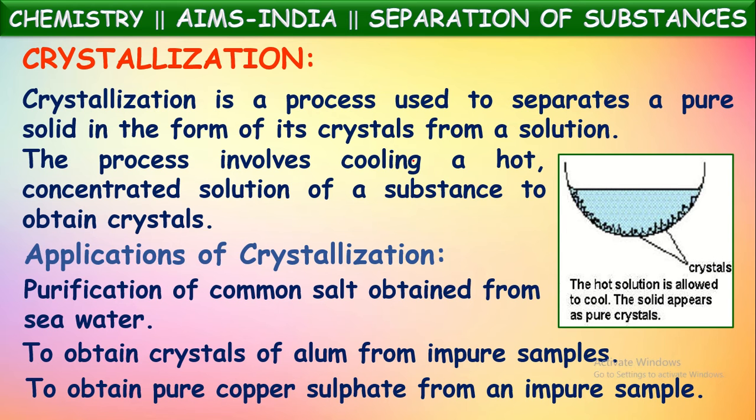Even copper sulfate is separated from impurities by the process called crystallization. What is happening in the crystallization process? The dissolved solid substance on cooling slowly crystallizes. Those crystals will be separated later. That process is called crystallization.